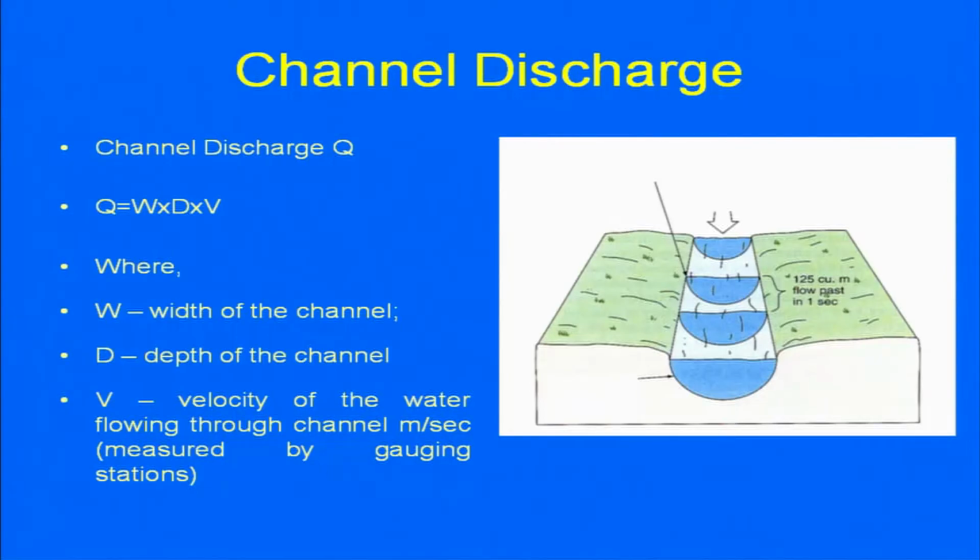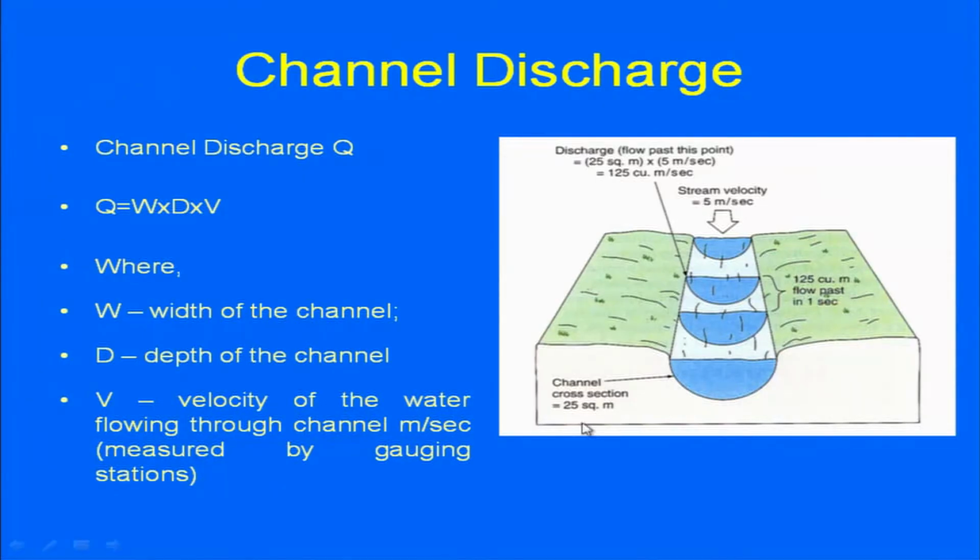For example, if the channel cross sectional area is 25 square meters and the stream velocity is around 5 meters per second, then the discharge is 125 cubic meters per second.